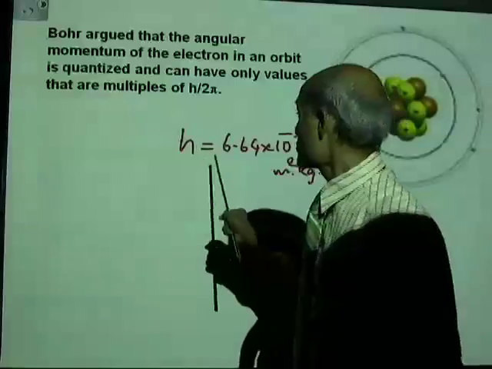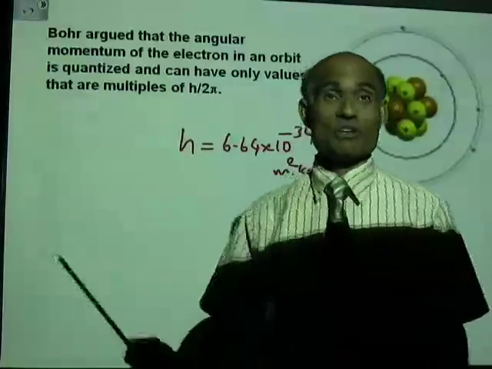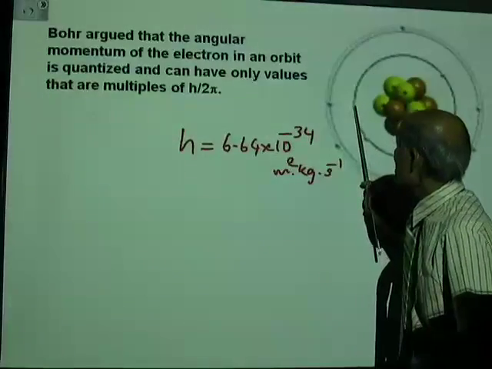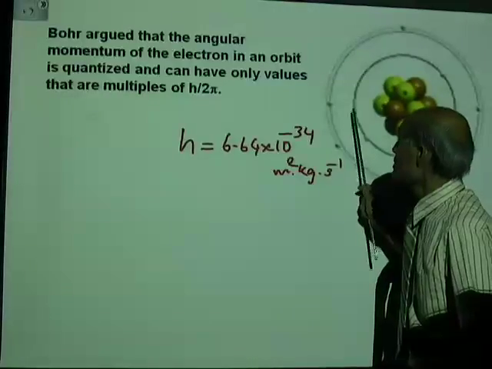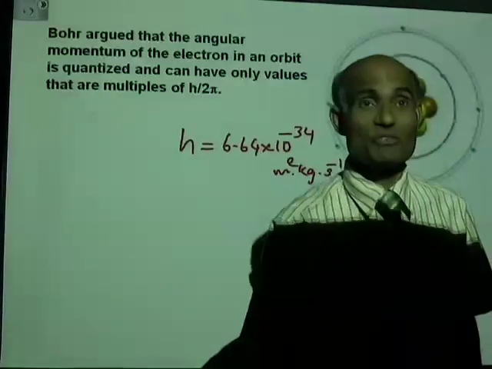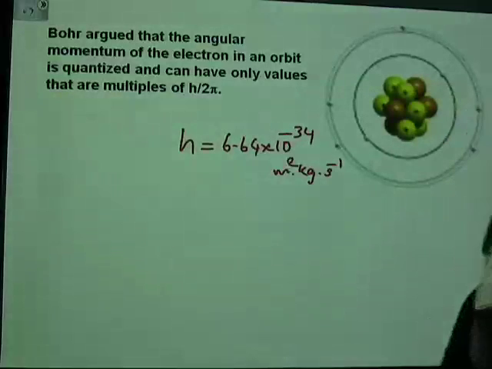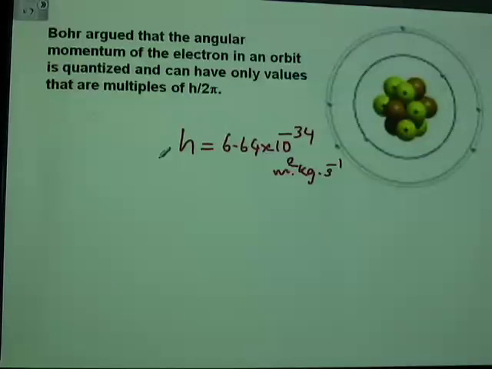Now, once we are familiar with this h, we will be able to write an expression for the energy difference between the two levels. For example, let me see if I can write that again. An electron moving from level 2 to level 1 will emit an energy that is given by E2 minus E1.